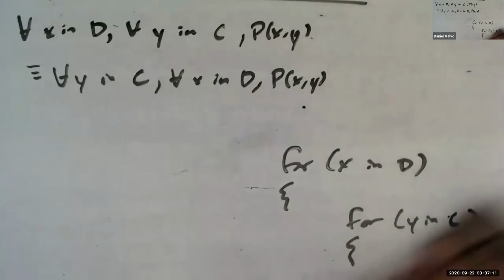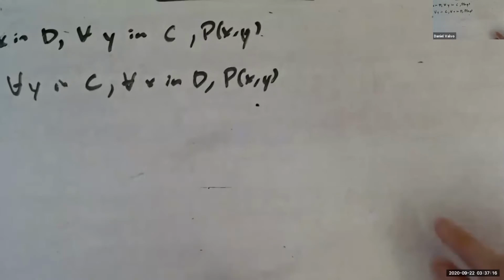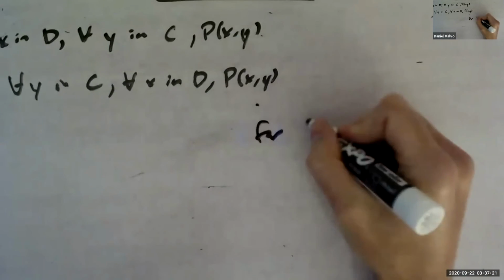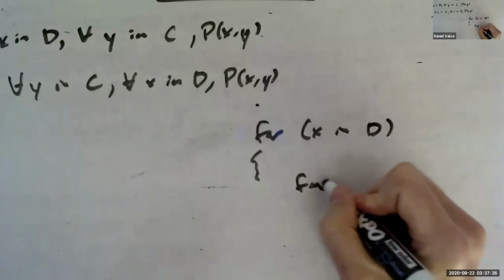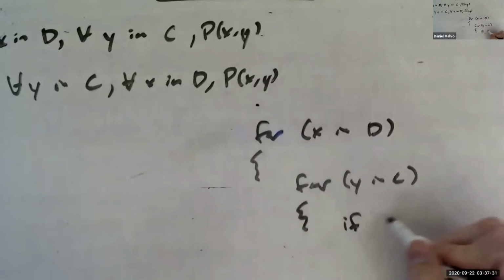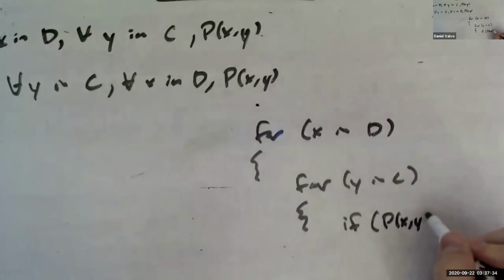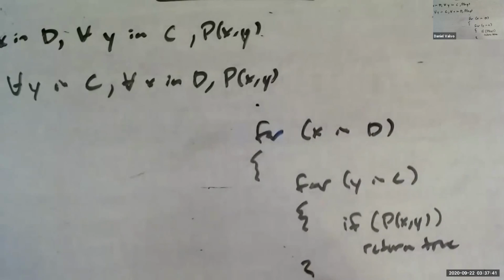And for the existential statements, you can think about it in the exact same kind of way. We'd be saying for all x in D and then for all y in C, if P of x, y, return true, otherwise you return false.